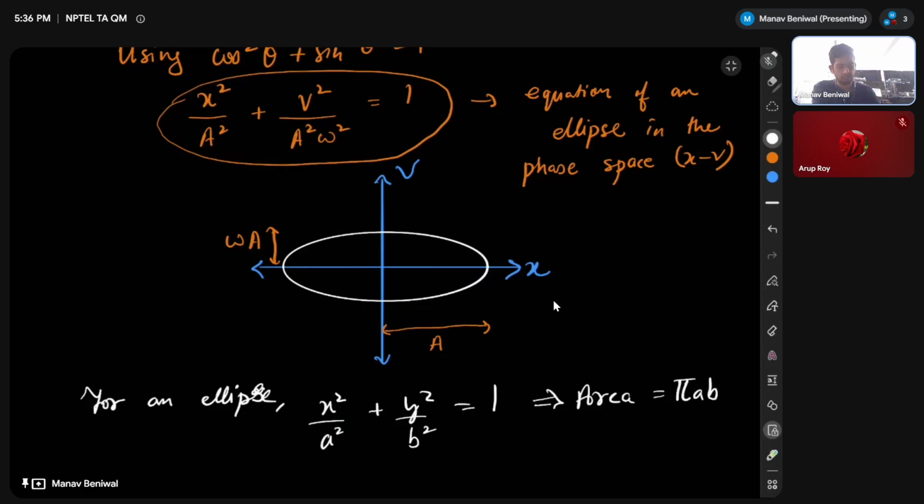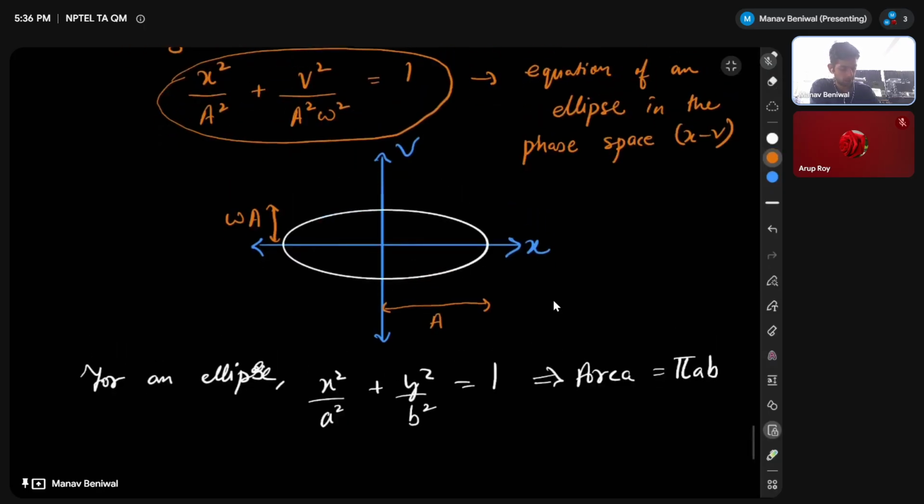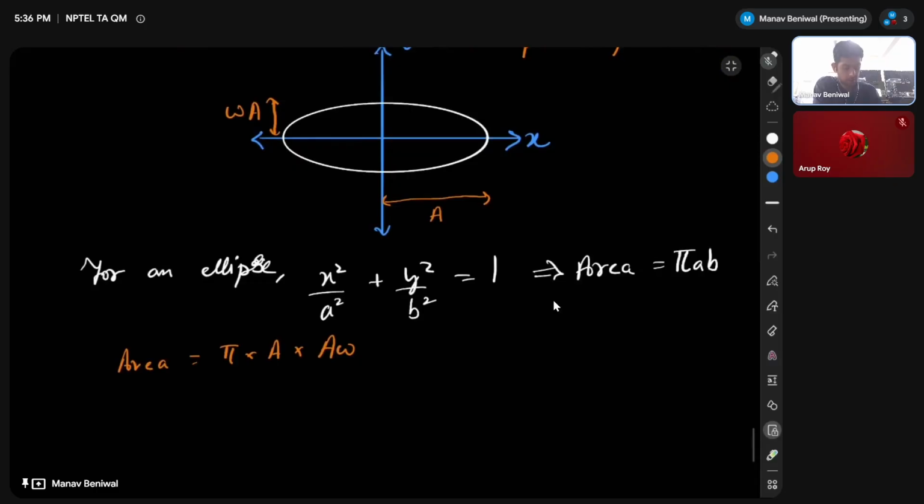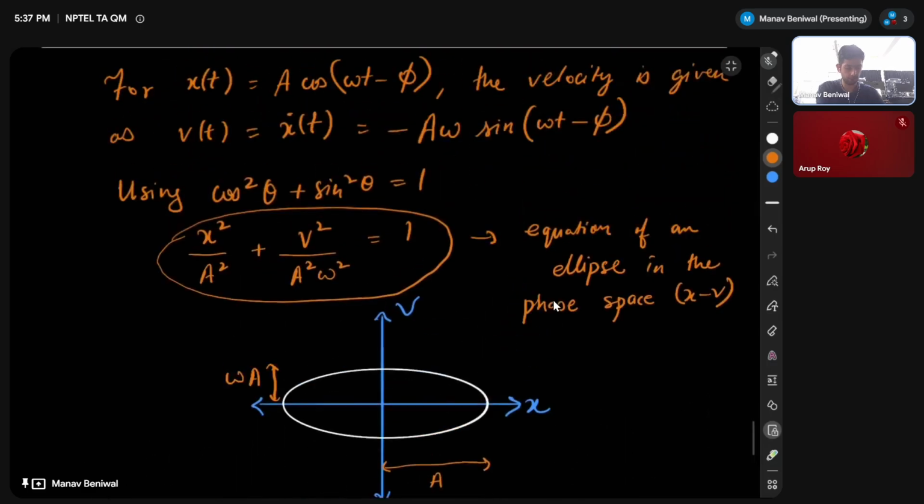Comparing to our case, the area will be pi times the semi-major axis a and semi-minor axis a omega. So the area of this ellipse is pi a squared omega.